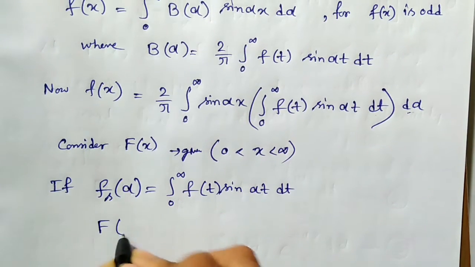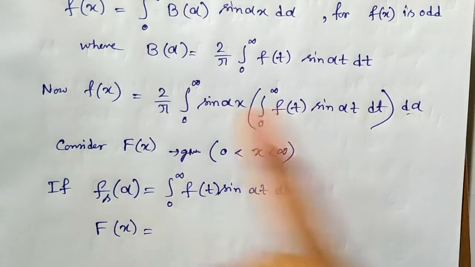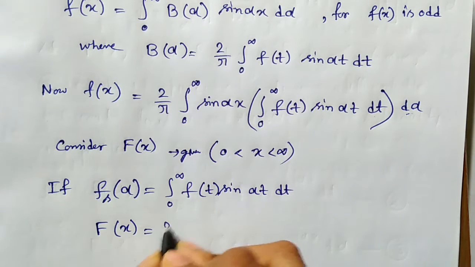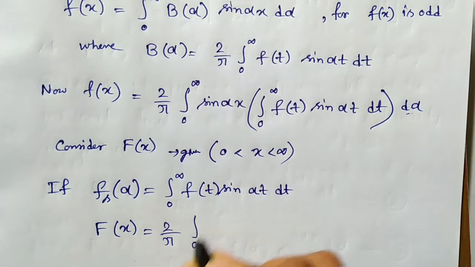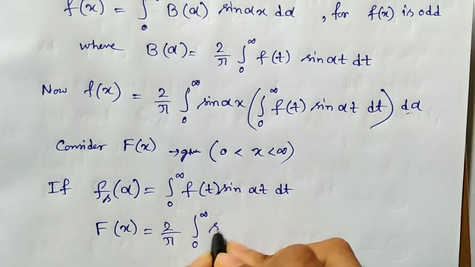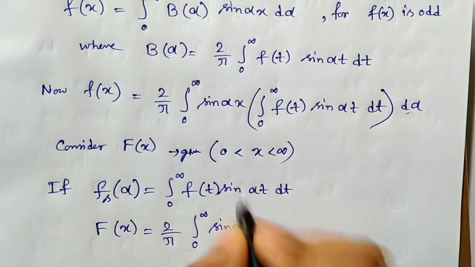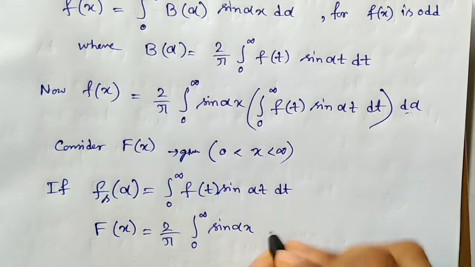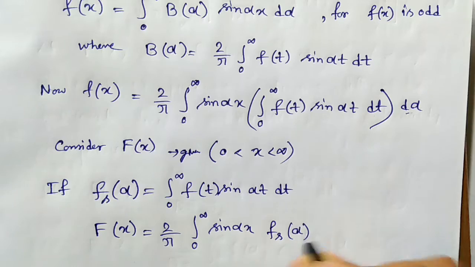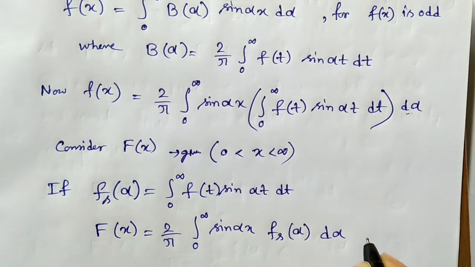Then f(x) will be 2 by pi integration 0 to infinity sine alpha x Fs(alpha) d alpha.